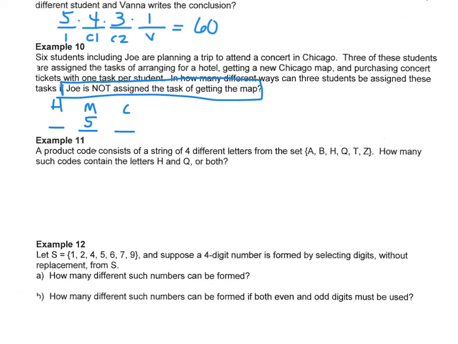If we figure out how many can do the hotel, well, once you chose one, you would still have 5 remaining to go for the hotel. Joe is one of those 5. And then you could have a step-down multiplication of 4, kind of like 5, 4, 3, 2, 1, but the 5 and 4 kind of skip each other. Okay, so this multiplies out to be an easy 100.